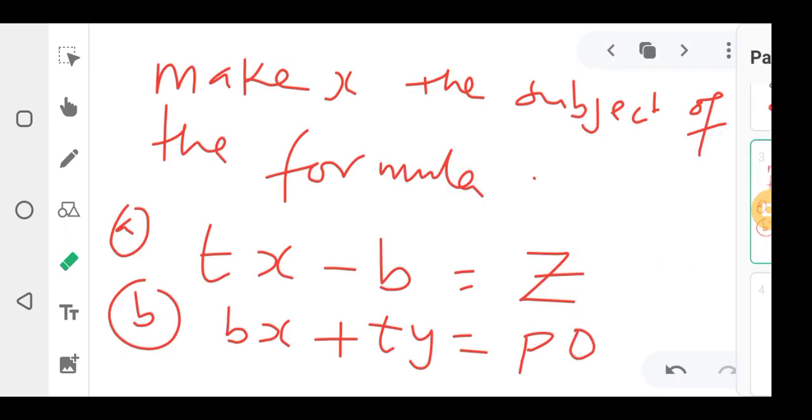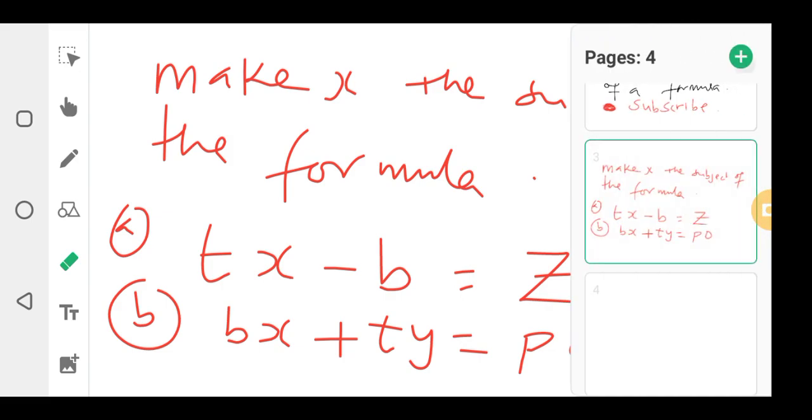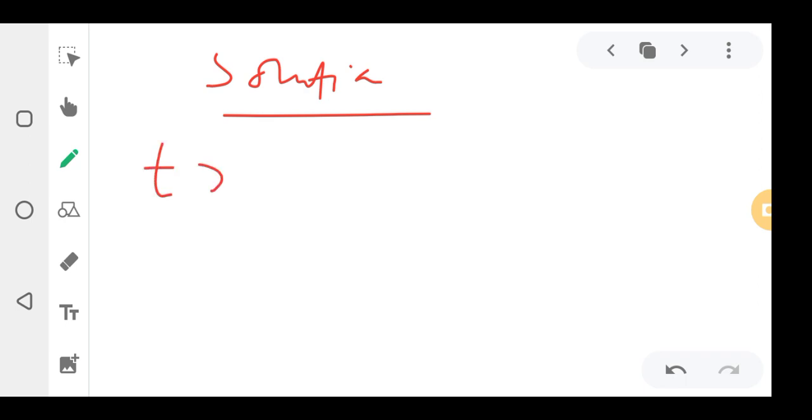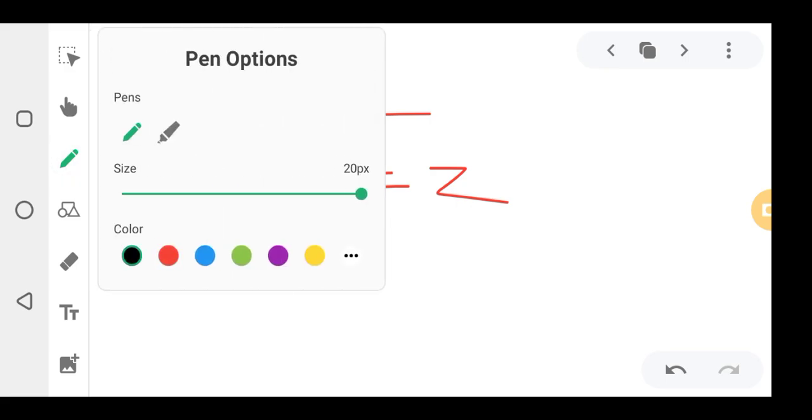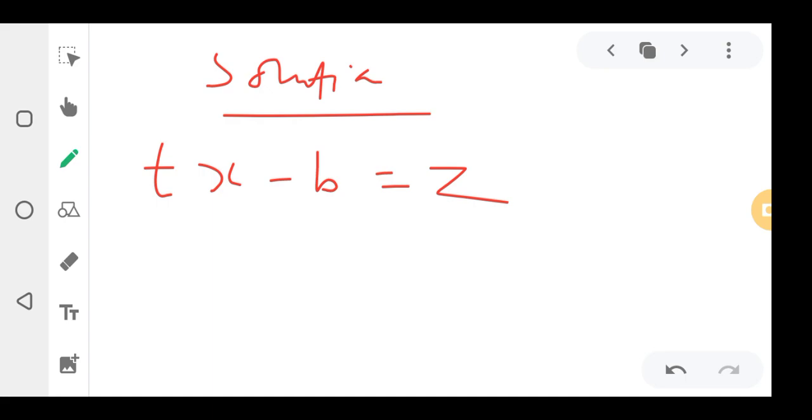Okay, I'll solve the first two so that we don't proceed too much. So I'm making x a subject. We use the first one first. Solution: tx minus b is equal to z. When you're making x a subject, anything that has no x should move to the other side.